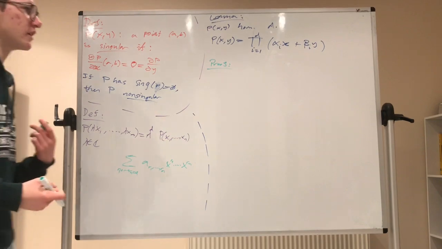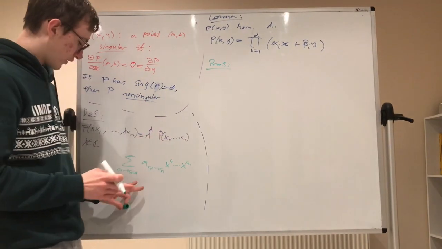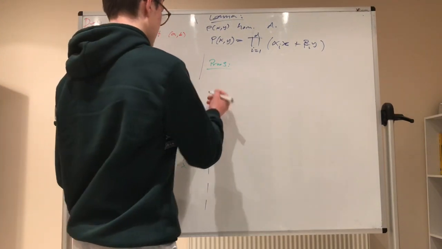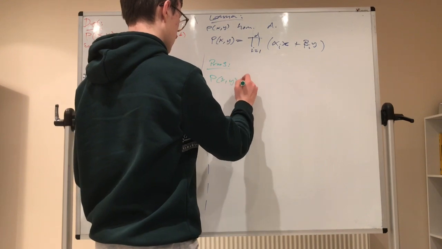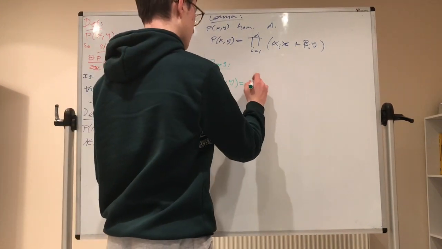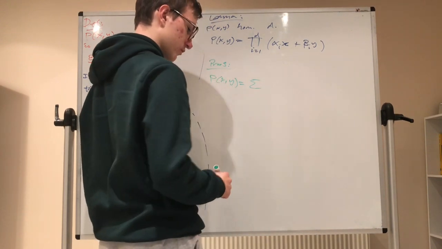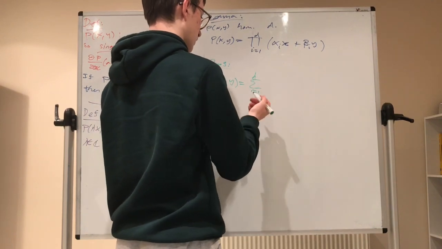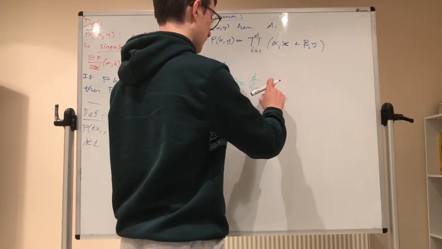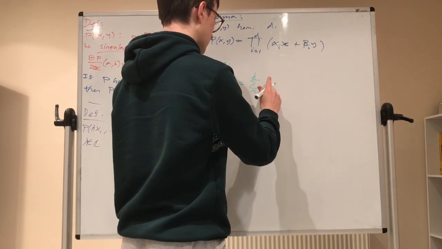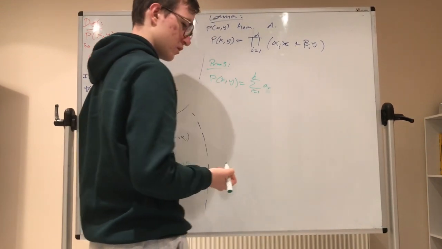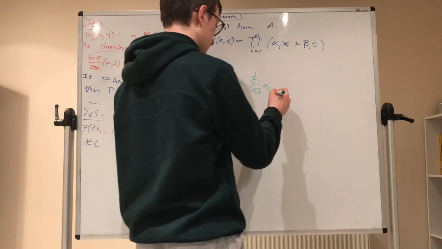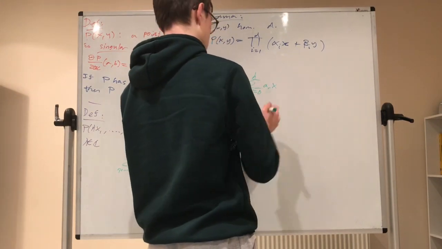So the proof of this is, alright, let's use this equivalent definition right here to write p of xy as the sum from r equals 0 to d of a r times x to the r times y to the d minus r. Sorry, this should be r equals 0 actually.